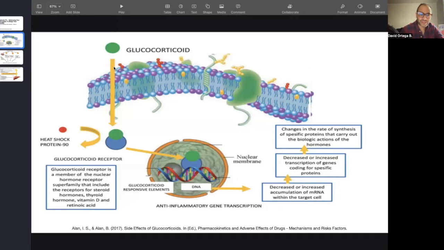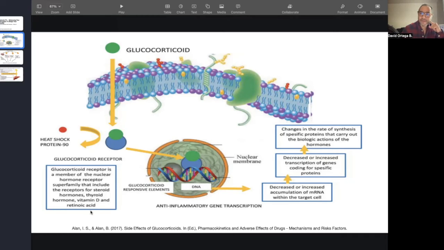Glucocorticoids, as I mentioned, are going to bind to the glucocorticoid receptor, and these GRE elements are going to bind to certain sequences of your genes, and they are also going to bind to receptors for steroid hormones, thyroid hormones, vitamin D, and retinoic acid.